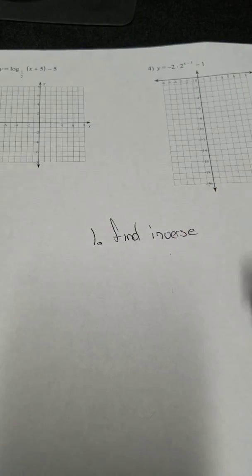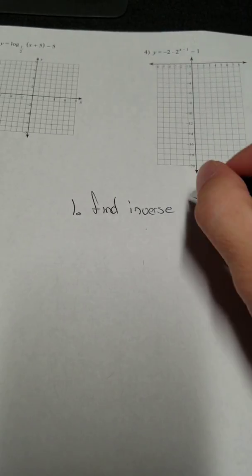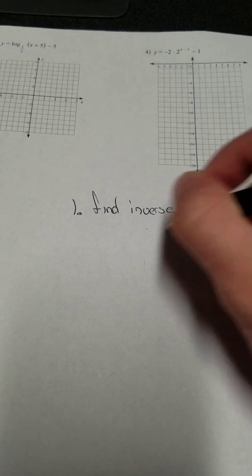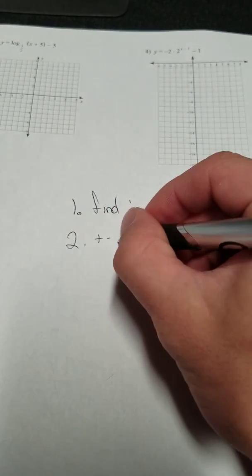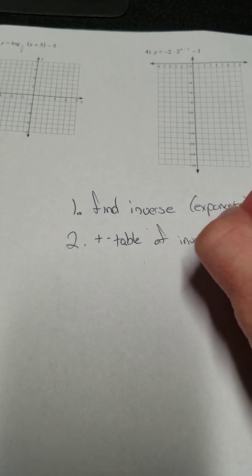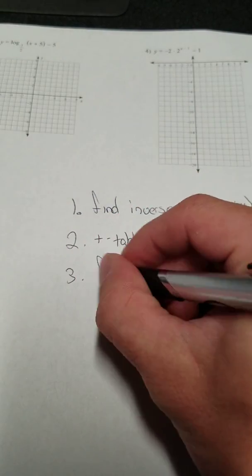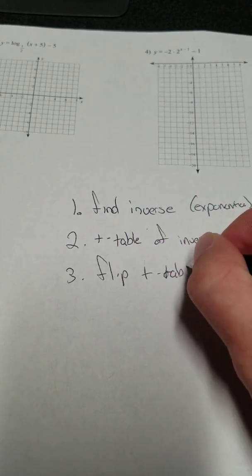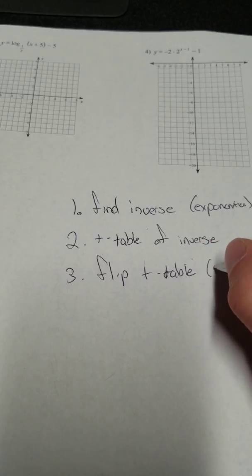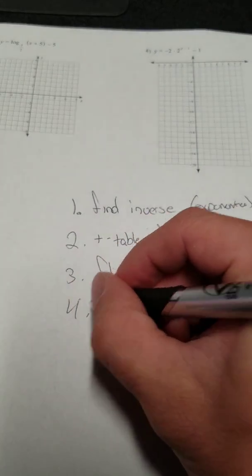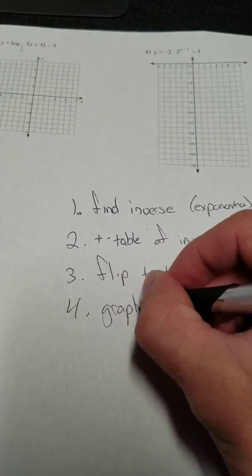And the inverse is always going to be an exponential. Step 2, do the t-table of the inverse. Step 3, flip the table. In other words, change up your x's and y's, okay? And step 4, graph the flipped table.